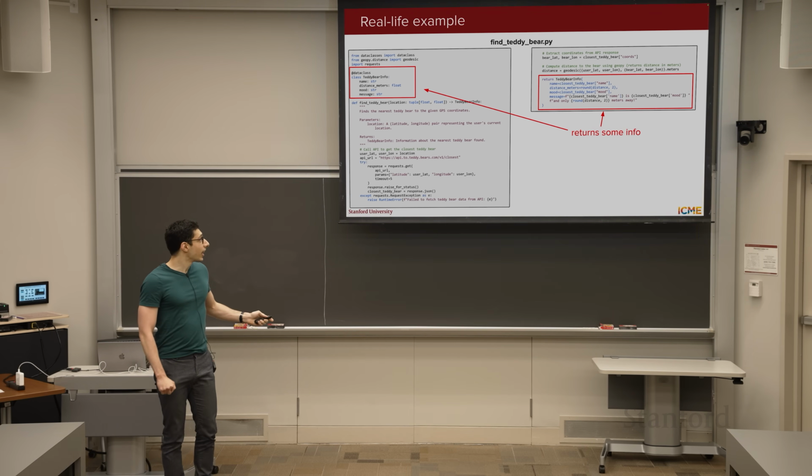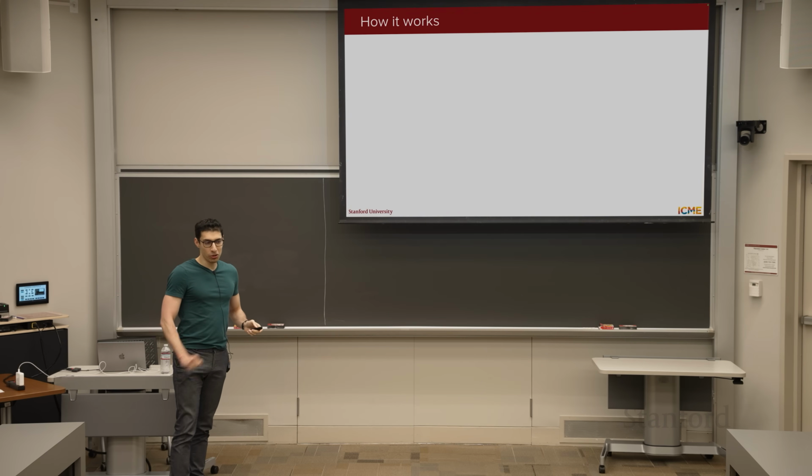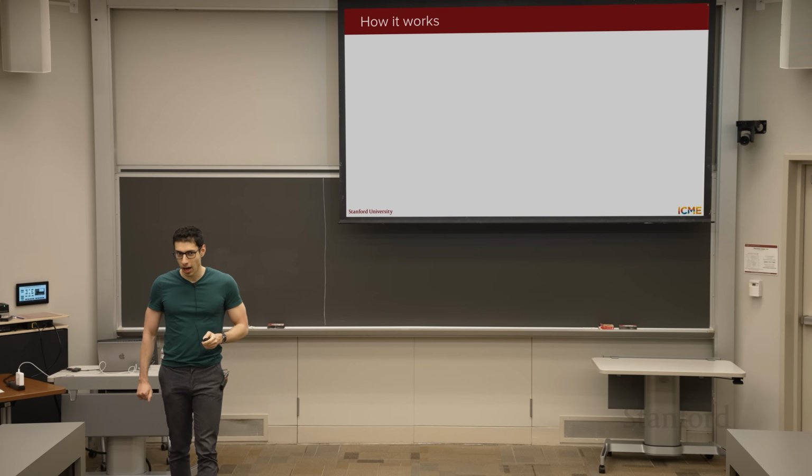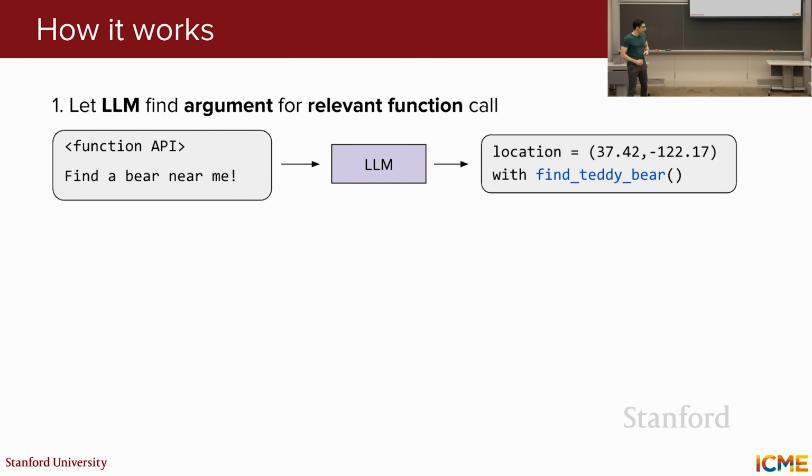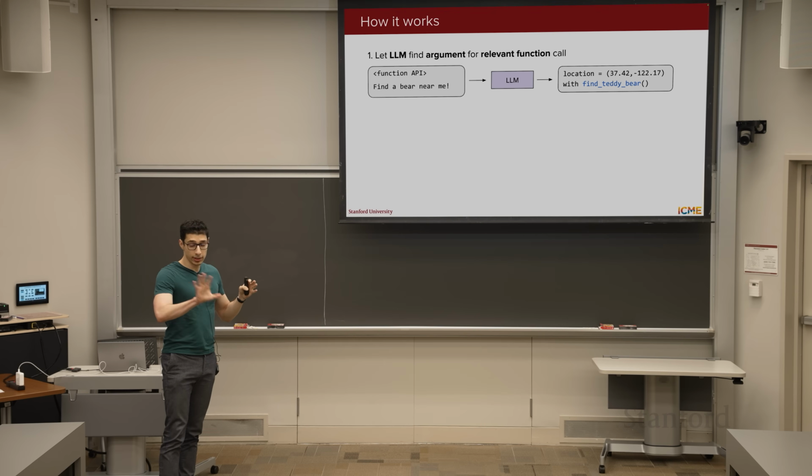Okay, great. So now let's go step by step into how we could make this work. The first stage is, as you ask a question that is related to your function, you would insert at the beginning of your preamble the function API, and as I mentioned, without its implementation.